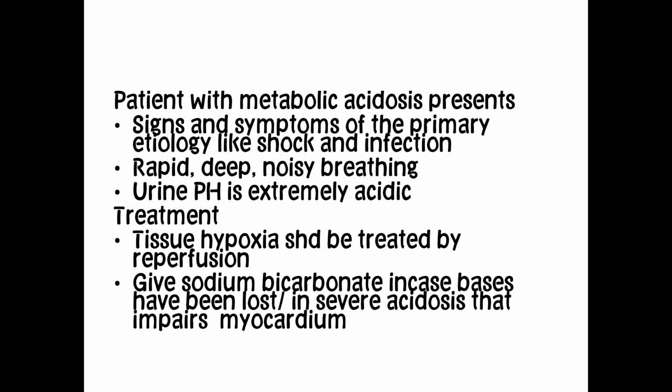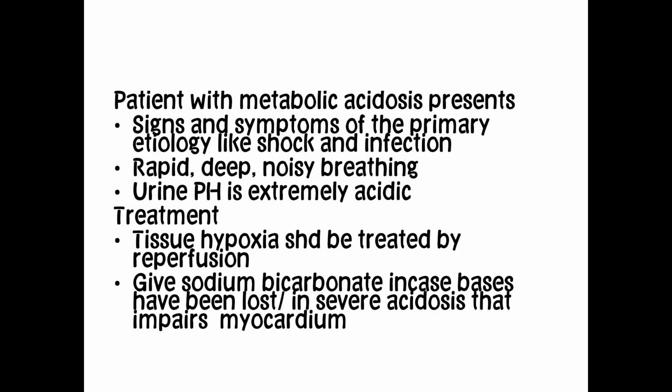Patients with metabolic acidosis present clinically with signs and symptoms of the primary cause. If the patient is having shock, excessive vomiting, or high output fistulas, they have signs and symptoms of the initial cause.